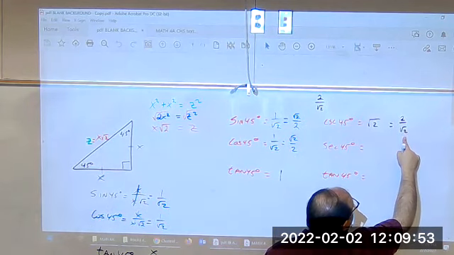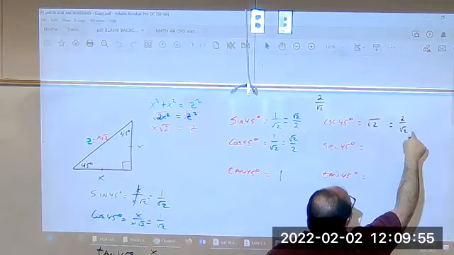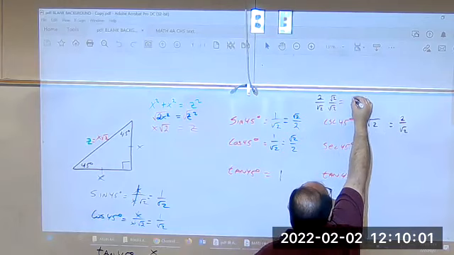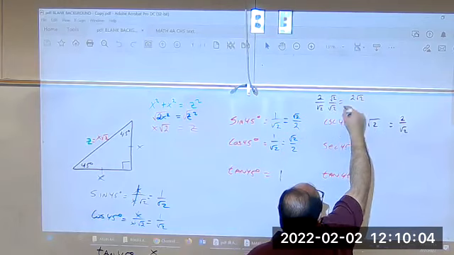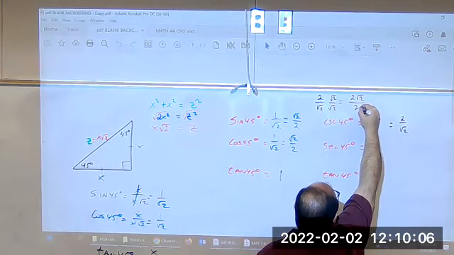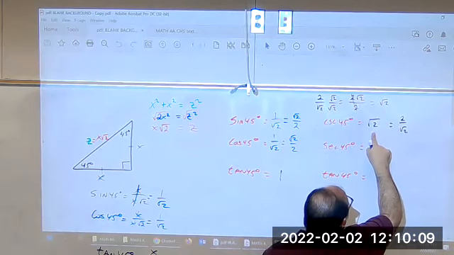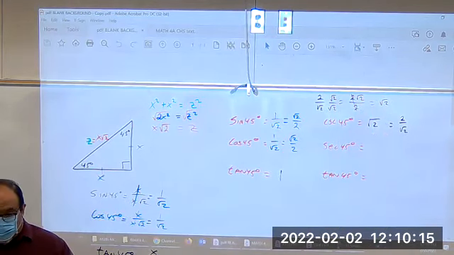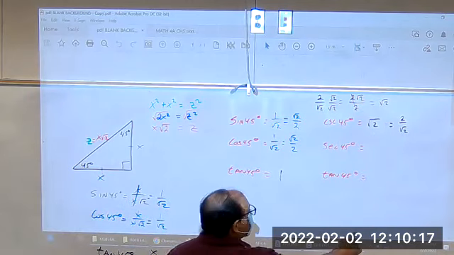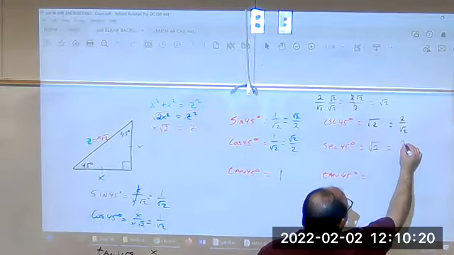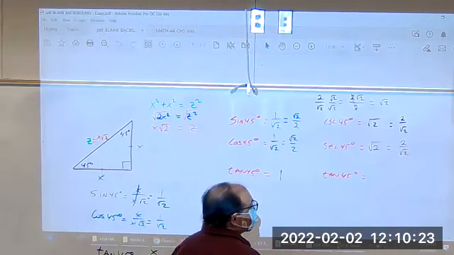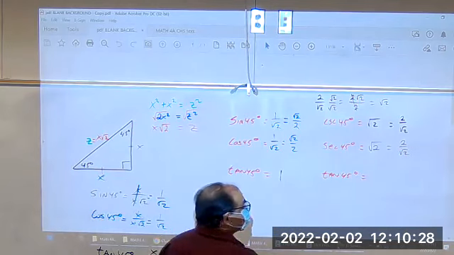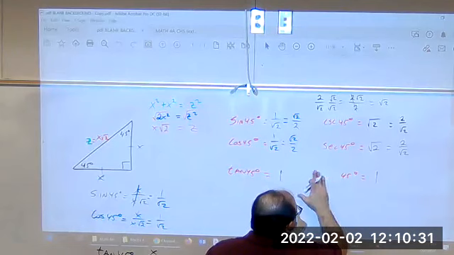But if you rationalize this one, that's 2 square root 2 over square root 2 times square root 2, which is 2, and that reduces to just square root 2 anyway. They're the same thing. Same thing here, square root 2 or 2 over square root 2. And the reciprocal of 1 is 1.